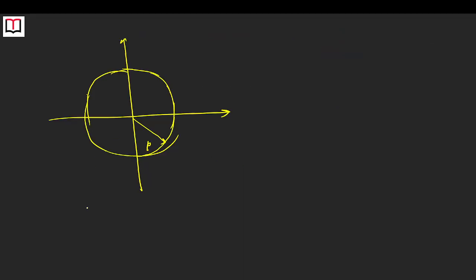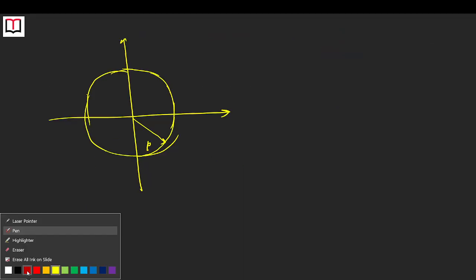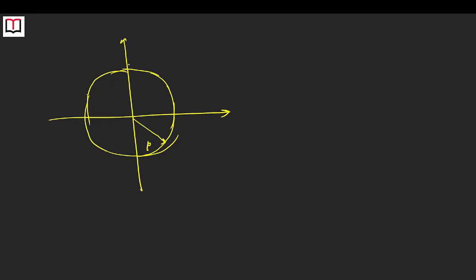See, whenever you have a triangle inscribed in a circle, the maximum area will be when it's an equilateral triangle. When it's an equilateral triangle, A is z1, B is z2, C is z3. Now join this, and it's an equilateral triangle.